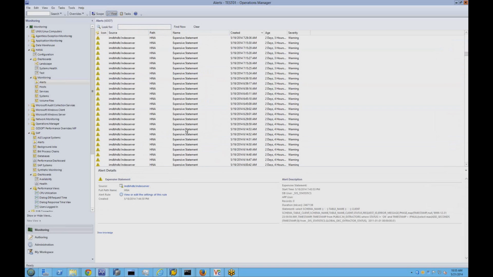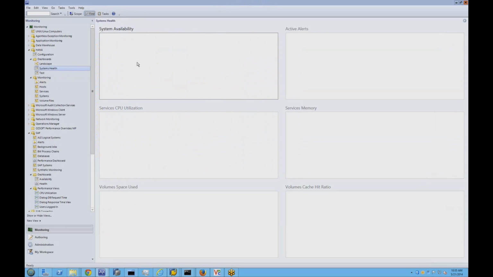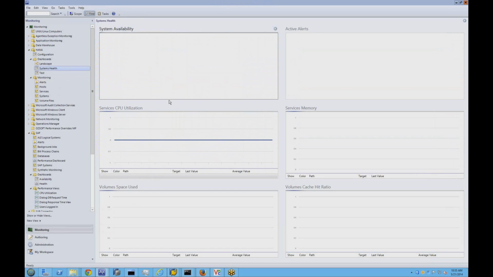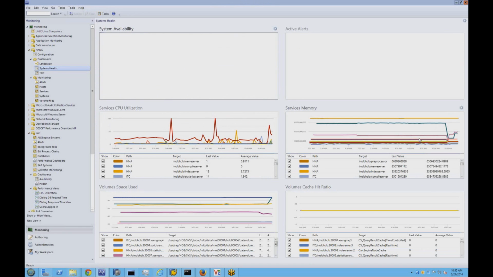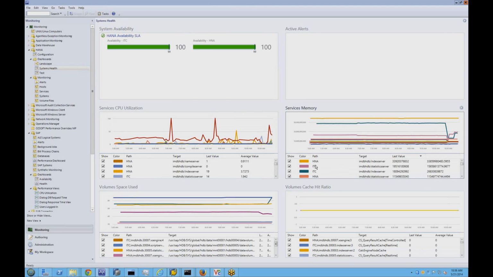I think we might have missed one, but let's take a look at the system health. Here we might find that service memory was probably very high. So here we go, there was a problem detected and we restarted the database.